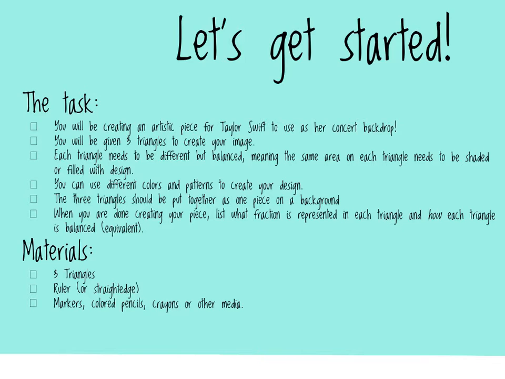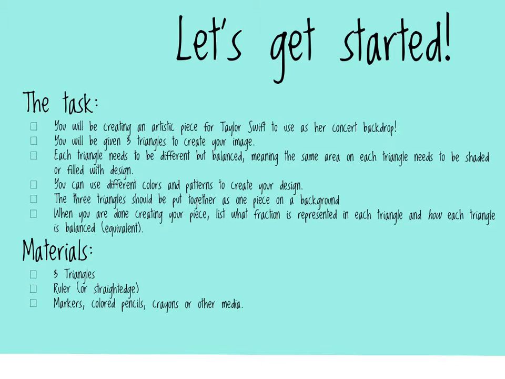Okay, so now that we've worked a little bit with recognizing patterns within shapes or within images, we are going to create our own art piece. You are going to be given 3 triangles, and your task is to make them all balanced or equivalent. So the same amount in each whole triangle will be shaded.